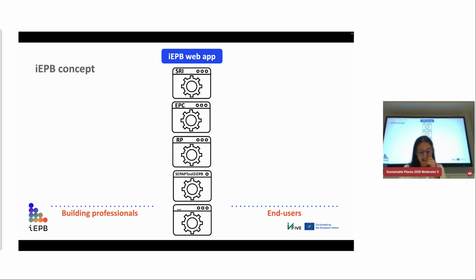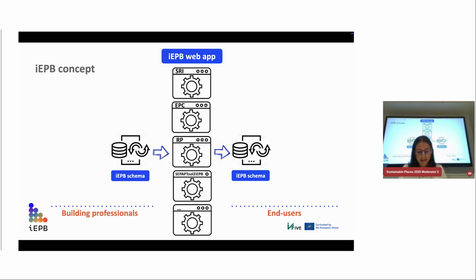So very quickly, you may remember from this morning that we are developing an IPB web app, a digital tool with two interfaces for building professionals and users, that structures the data according to this IPB schema, this common data model, that ensures compatibility with the different assessment tools.